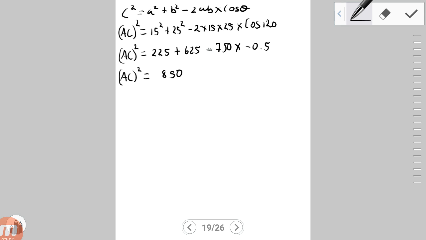And we're going to see negative multiplied by negative is a positive. And so 750 multiplied by 0.5, which is half of 750, that's 375. So if we sum that to 850, then we're going to find that AC squared is equal to 1225. Therefore, AC is equal to the square root of 1225.